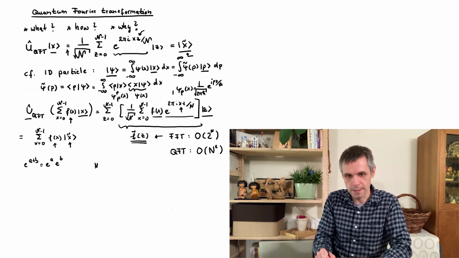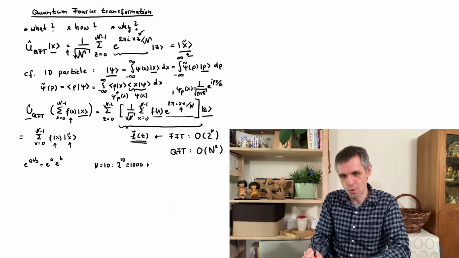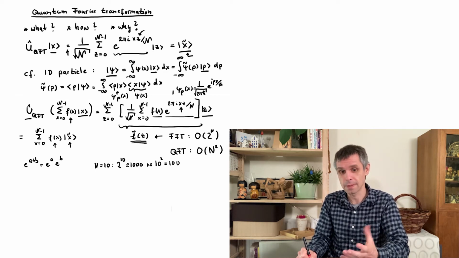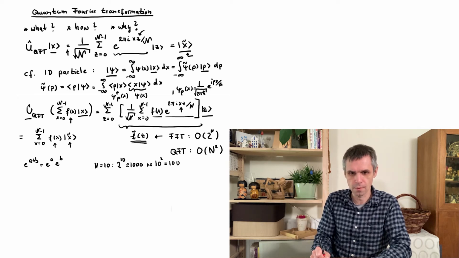So for instance, when we have 10 bits, then we compare 2 to the 10, which is round about 1000, to 10 to the 2, which is 100. Well, this is already some speedup, but not yet that dramatic, and it is even less than what we had in our example for the Grover algorithm.